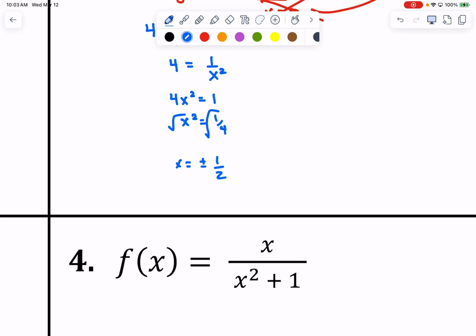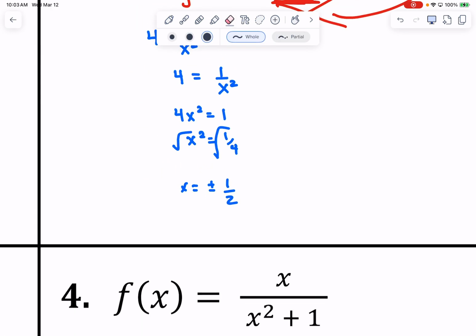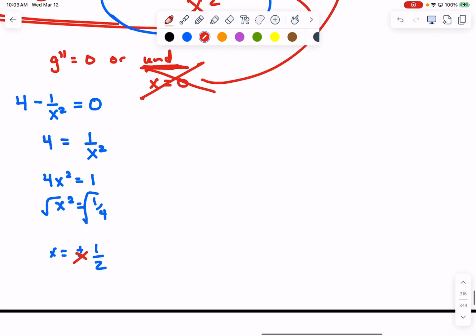You don't have to simplify something like root 8, but if you've got an exact root, you're not going to see square root of 1/4. You're going to see 1/2. And which one can I throw out? Negative. Now, if you have a root that's not exact, you don't have to simplify it, especially if it's on the first response.